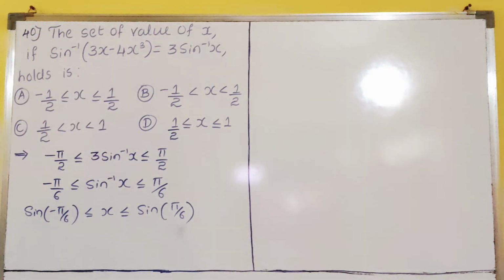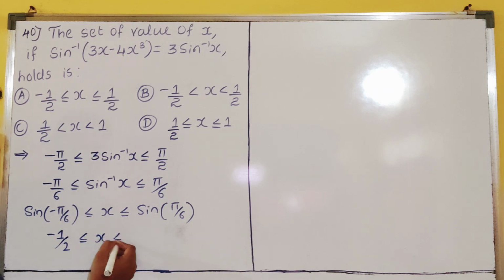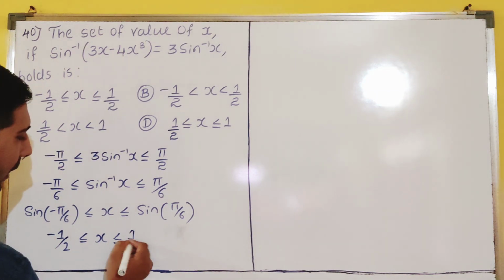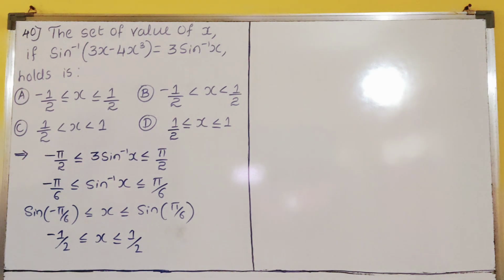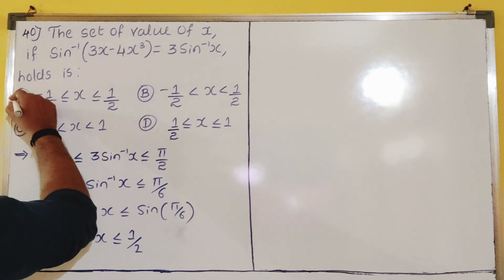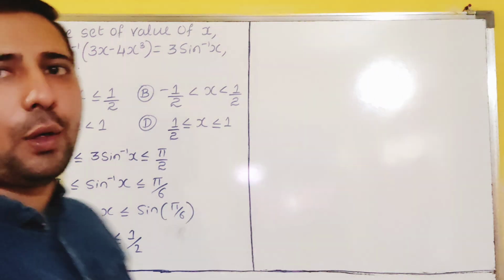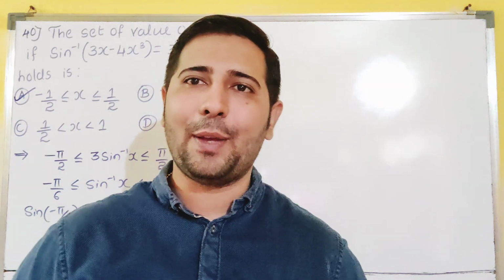Sine minus 30 is minus 1 by 2. Sine 30 is plus 1 by 2. So this is our required answer. That is matching with option A, dear students. A for awesome. Awesome is our answer. I hope you are understanding.